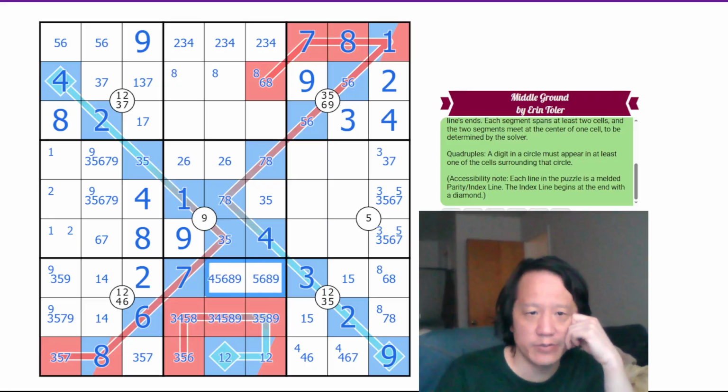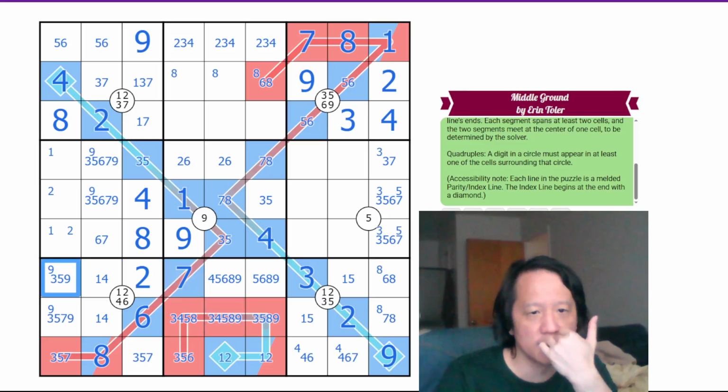3 cannot be here because of 3 in the row. 3 can't be here because of 3 in the row.